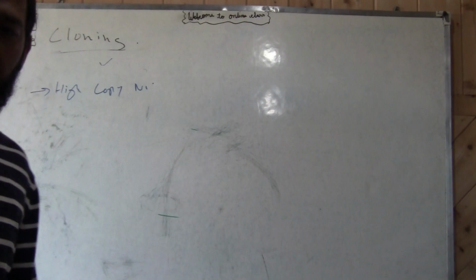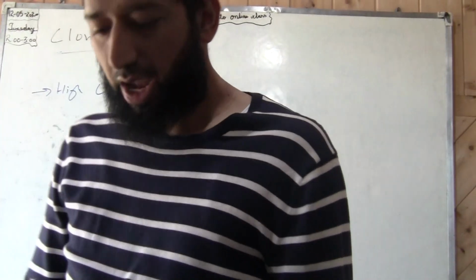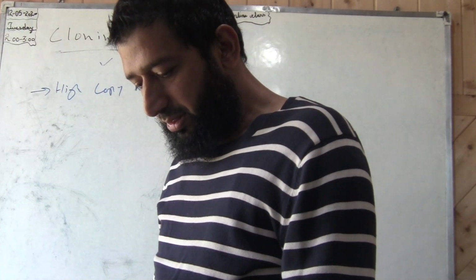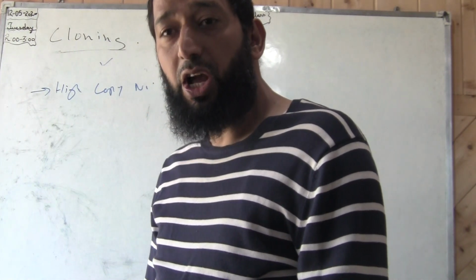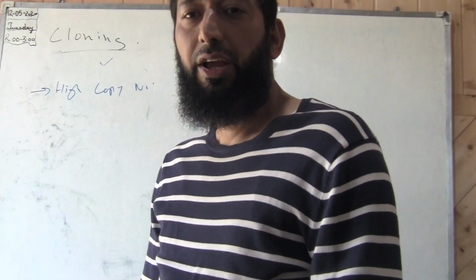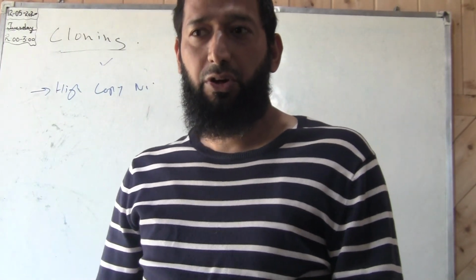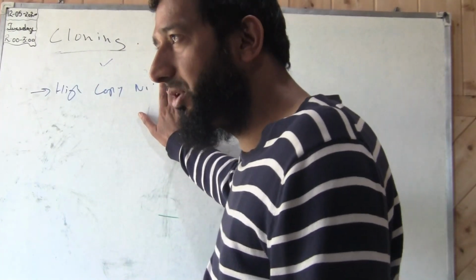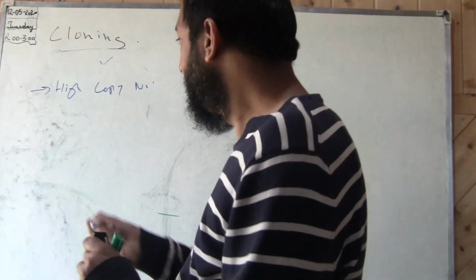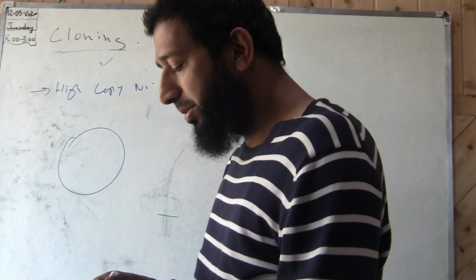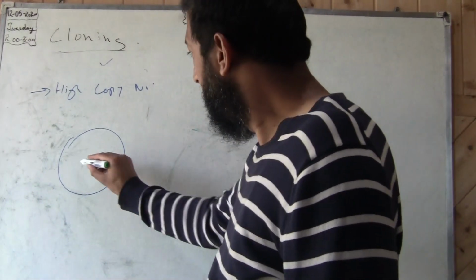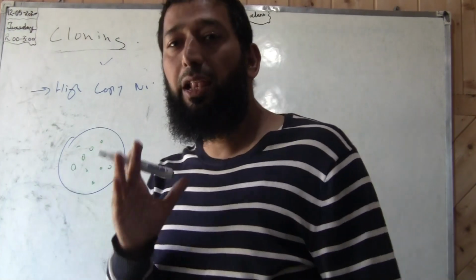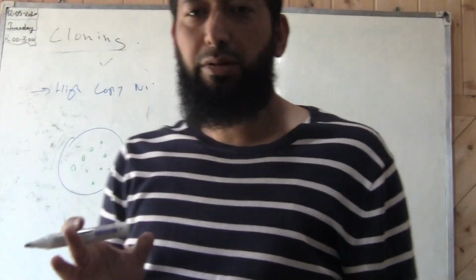Another property is that it should have high copy number. This lecture is in continuation of the cloning lecture, and here we are studying the properties of your cloning vector. So another property that we talk about is high copy number. That means one E. coli cell will harbor a lot of plasmids, not one plasmid but many plasmids.